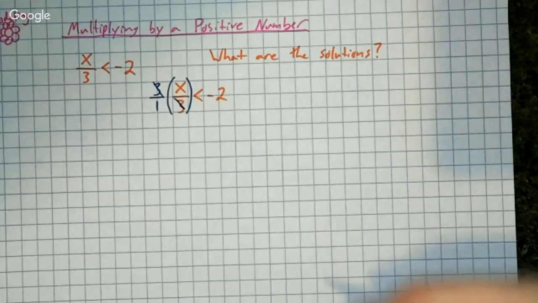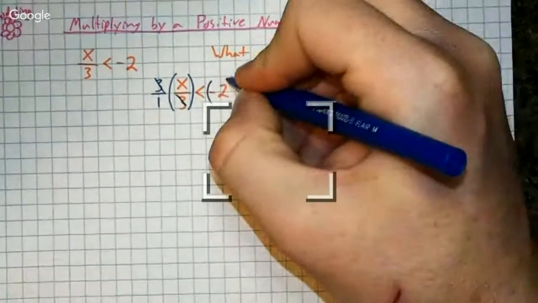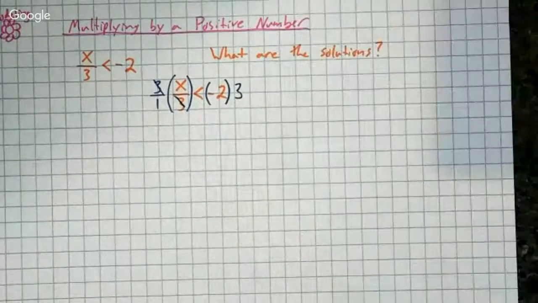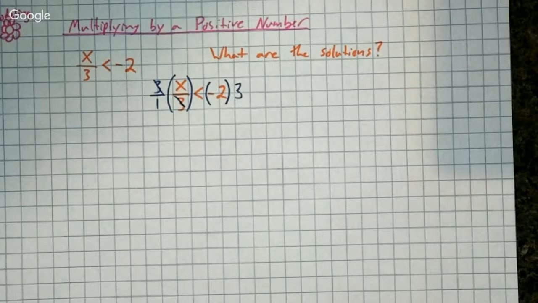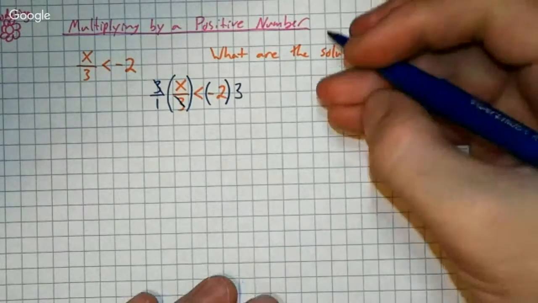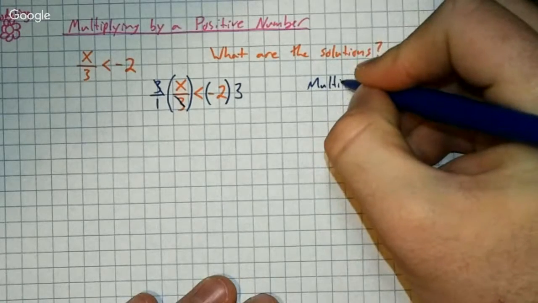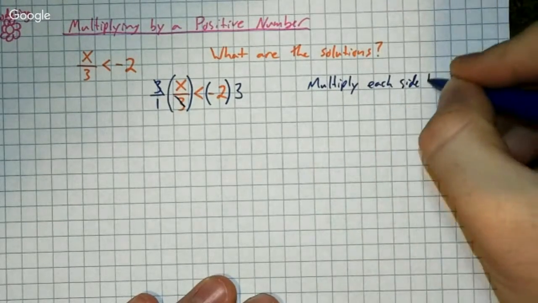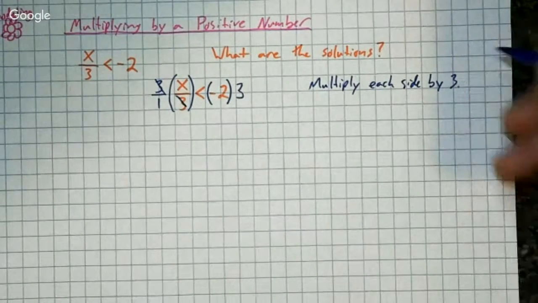Now, on the other side, obviously, I need to do the same thing. So negative 2 is going to be multiplied by 3. I don't need to write it as a fraction because negative 2 is not a fraction. Now, just on the side here, I'll write out multiply each side by 3. There we go.